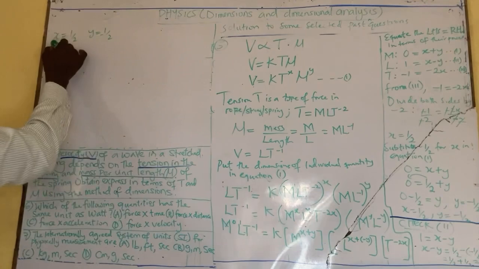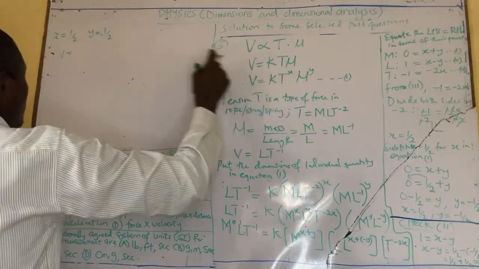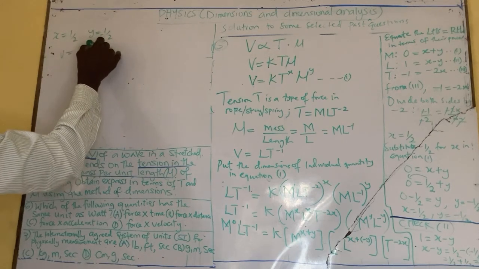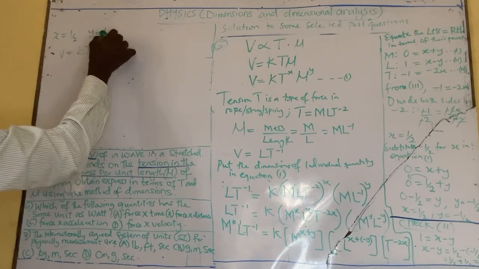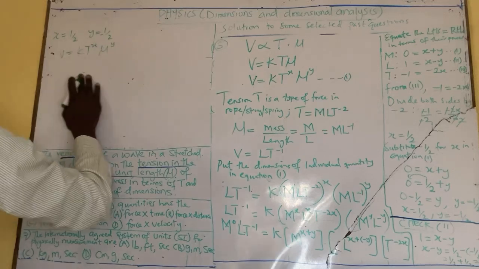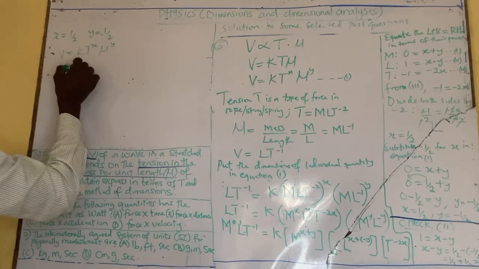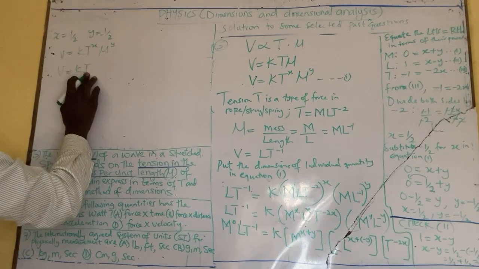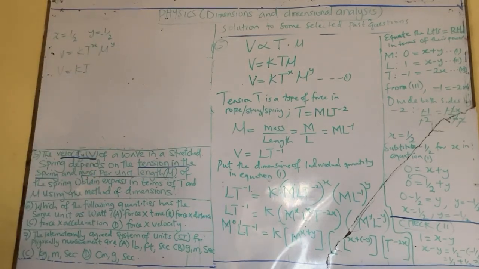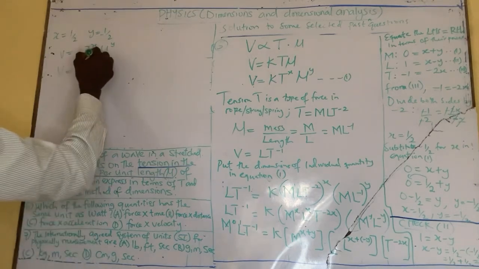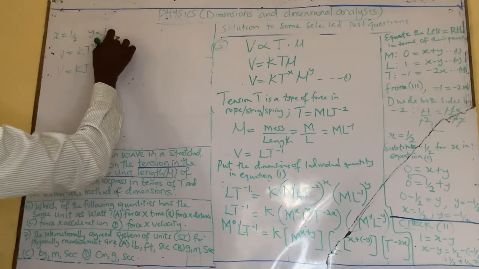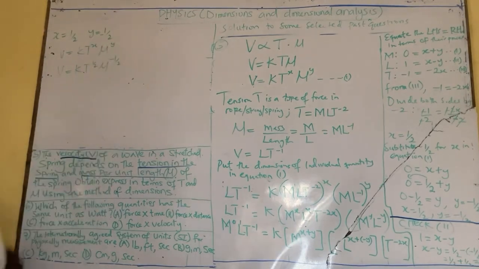So from the expression that we get here, which is v equal to k t raised to power x mu raised to power y, we now say, since we have our x, v will be equal to k t raised to power 1 over 2, mu raised to power minus 1 over 2.